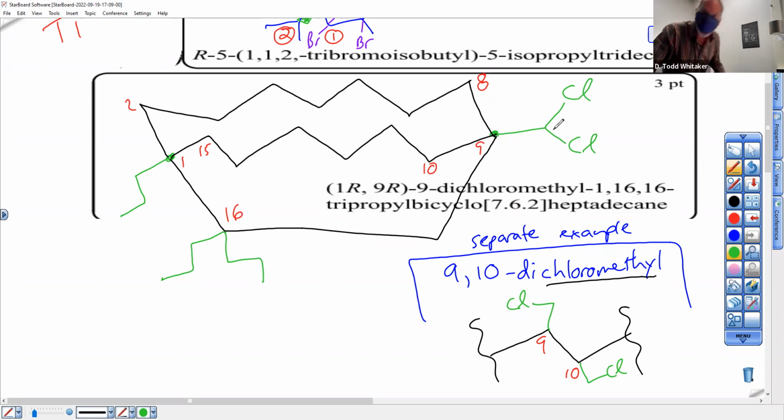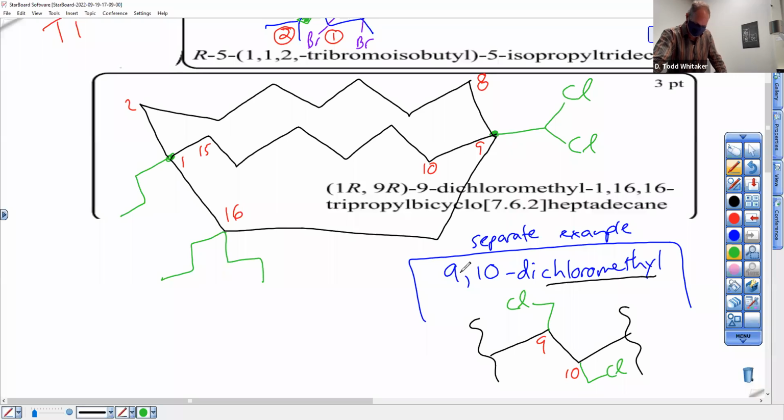How did I know it was a dichloromethyl? There's only 1 number in front. That means there's a group on 9 and its full name is dichloromethyl. When you have 2 groups that are identical, the di means 2 groups that are identical, and it better be preceded by 2 numbers.